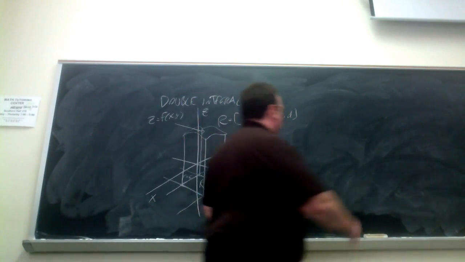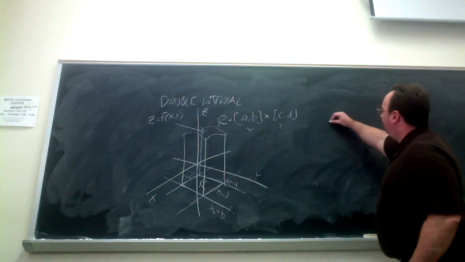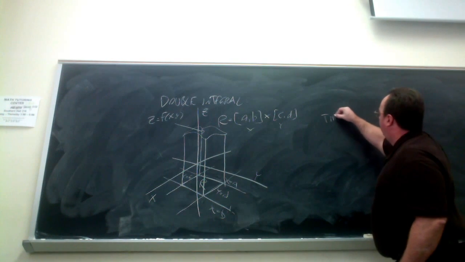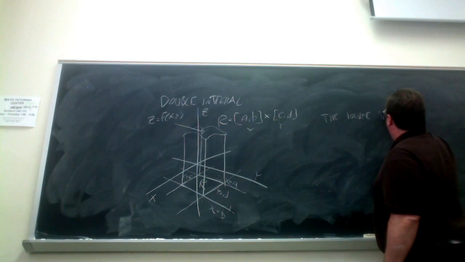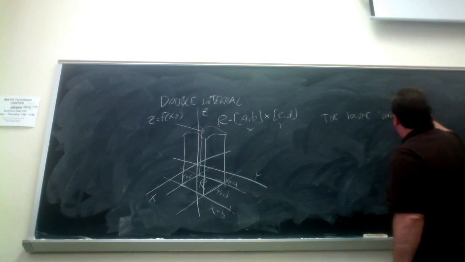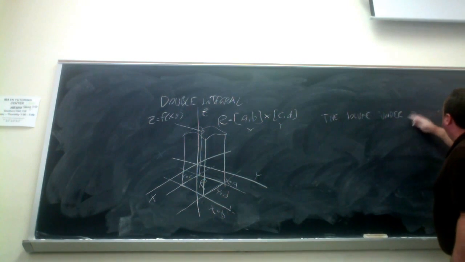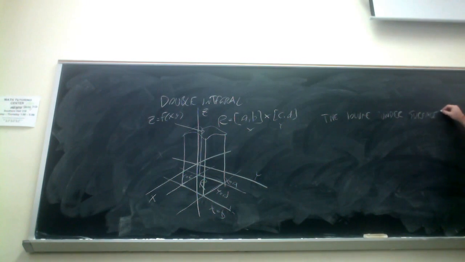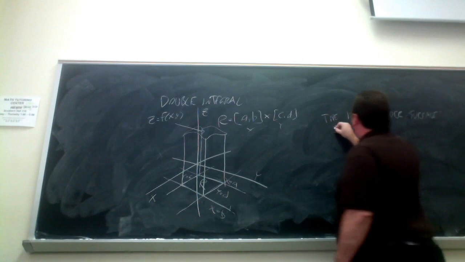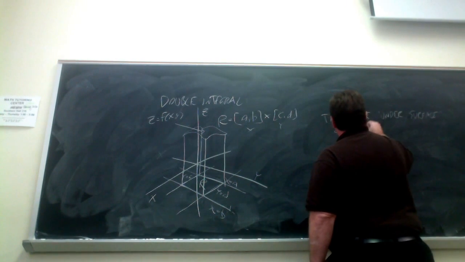So instead of computing the area under the curve, we compute the volume under the surface. So everything moves up one dimension. Instead of area under a curve, it's volume under a surface, defined by z equals f of x, y.